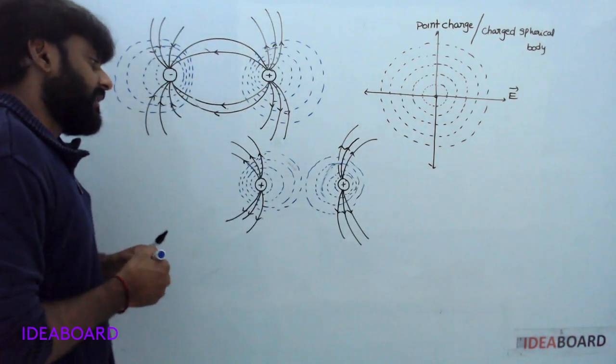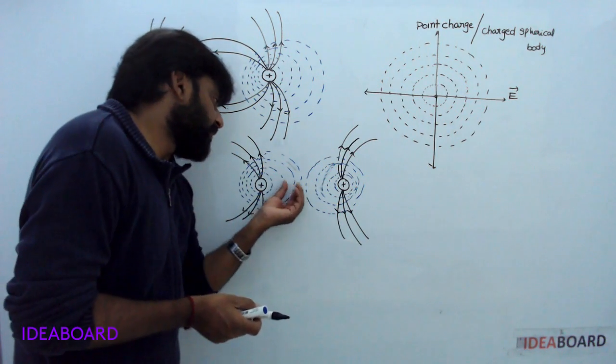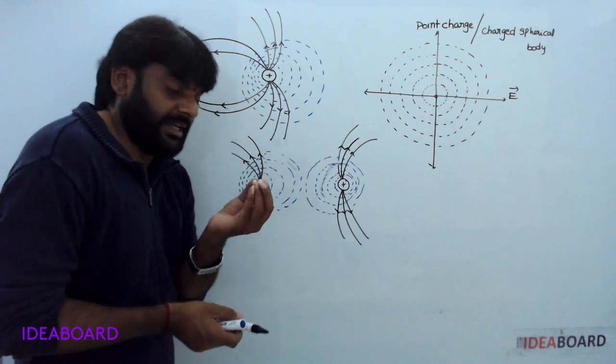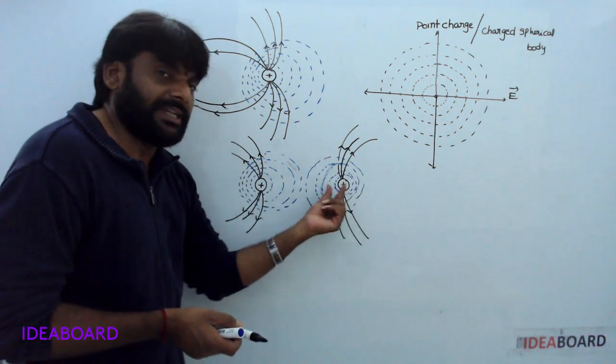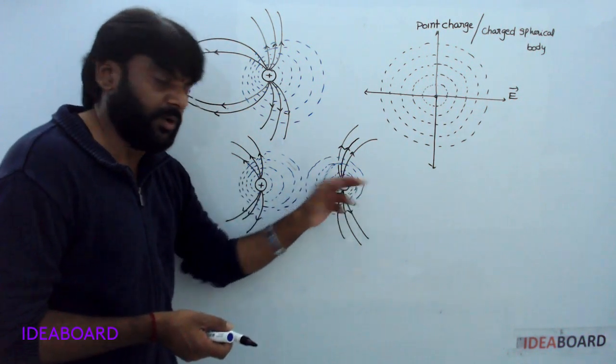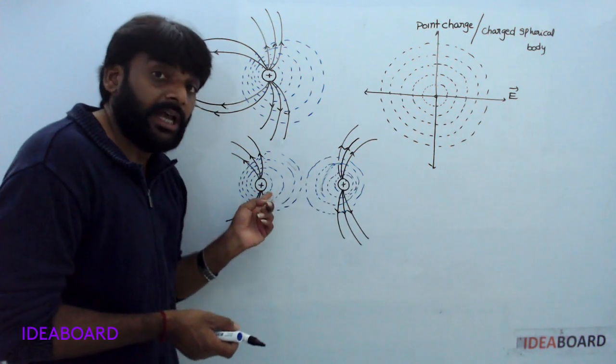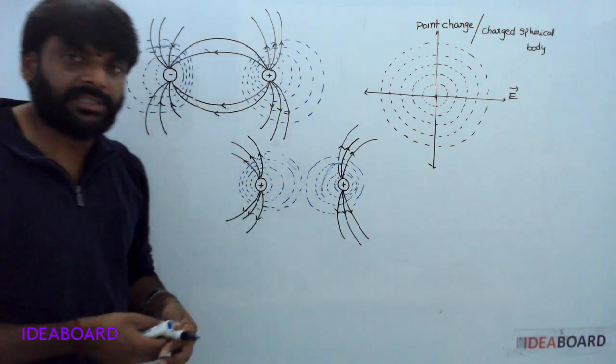See, in this case, in between, the spacing between equipotential surfaces is more, but outside it is very less. That means outside, the field intensity is more compared to in between the like charges.